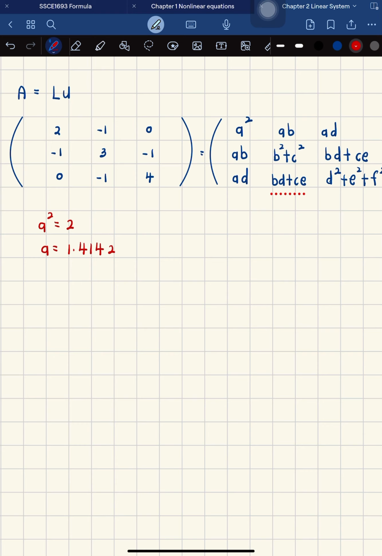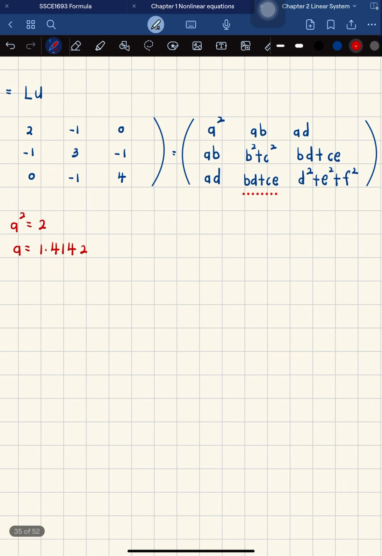Okay, now AB equals negative 1, so B is equal to negative 1 divided by 1.4142, so negative 0.7071. AD equal to 0, so D equal to 0.